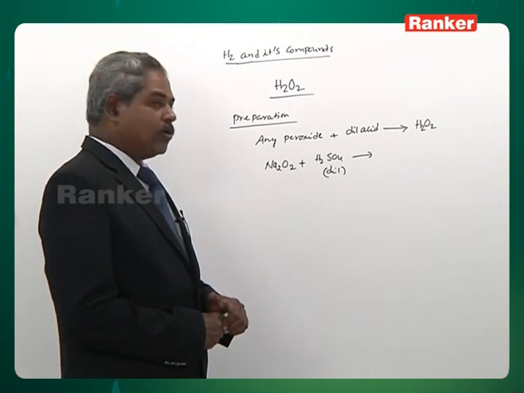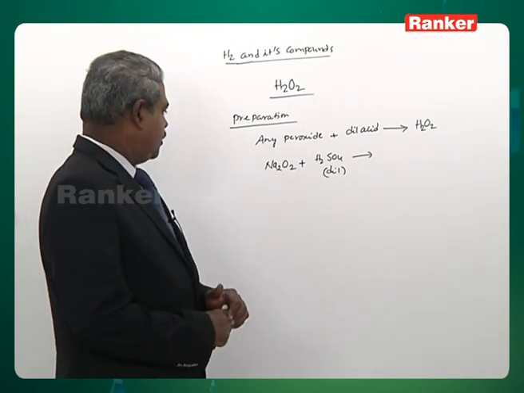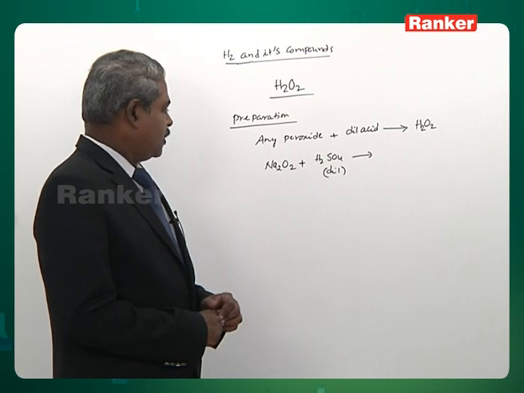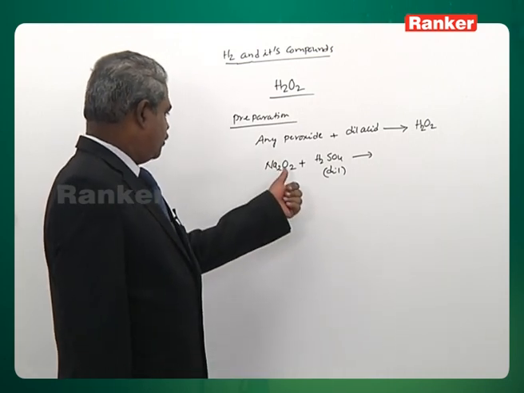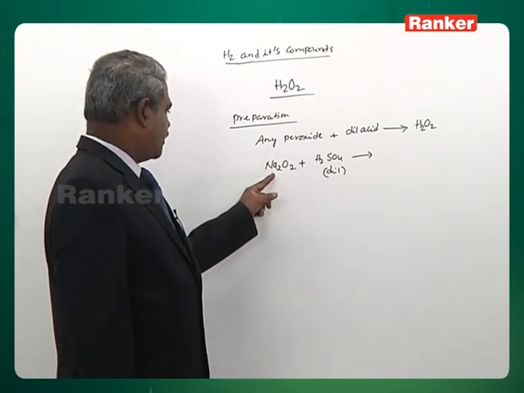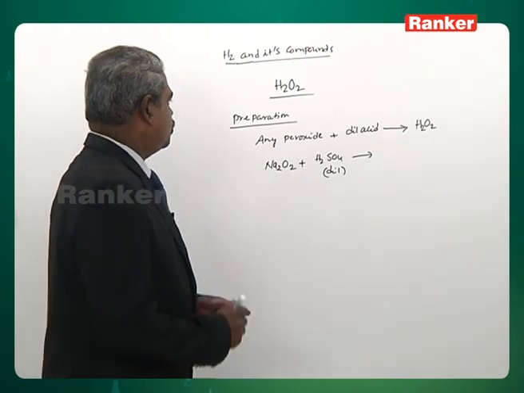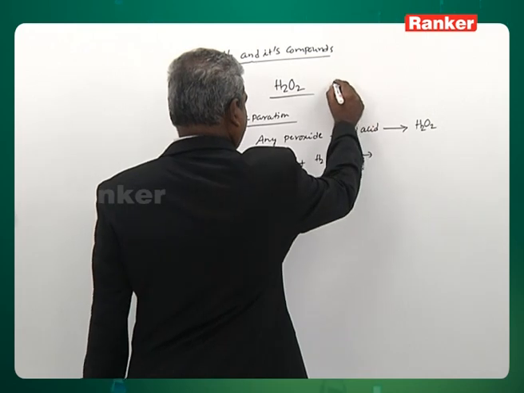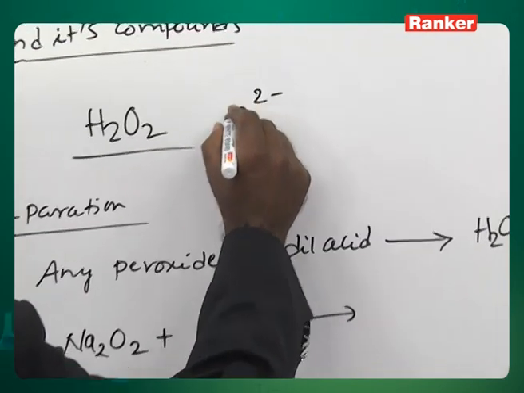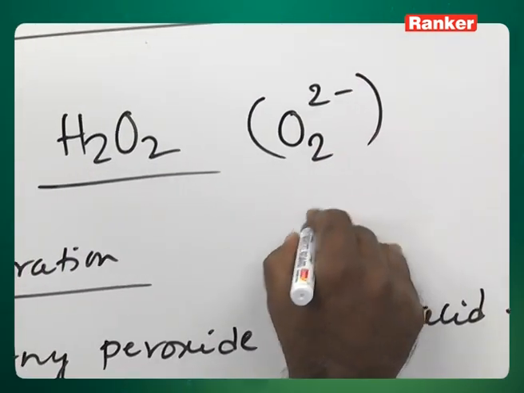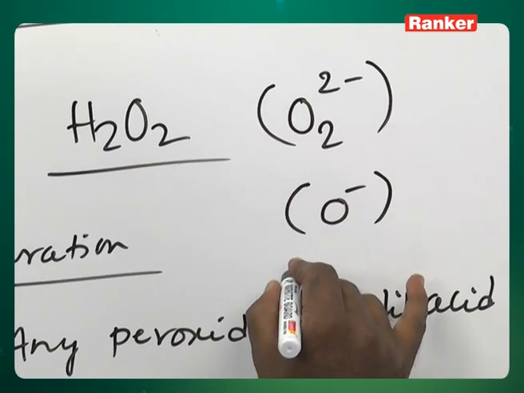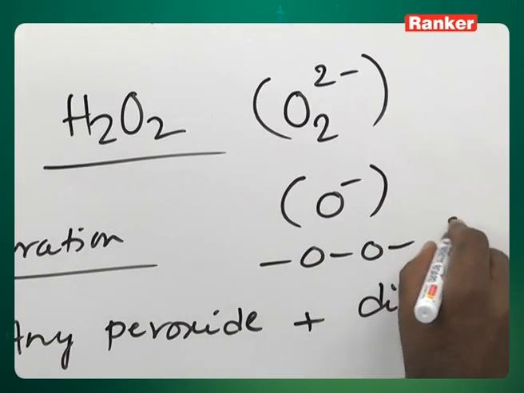Is Na2O2 a peroxide? We discussed it in the oxidation states part, the last lecture. Na2O2: plus 1, plus 1, and O2 2 minus. So, if O2 is 2 minus, we know it is called a peroxide, or oxygen single bond.